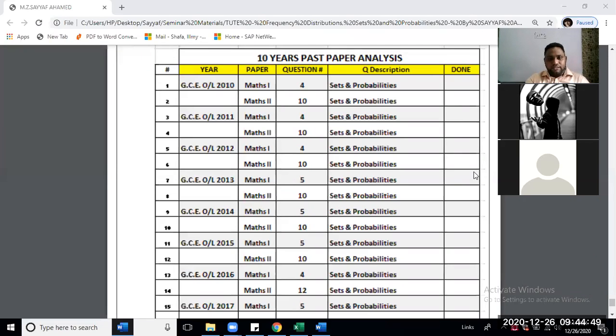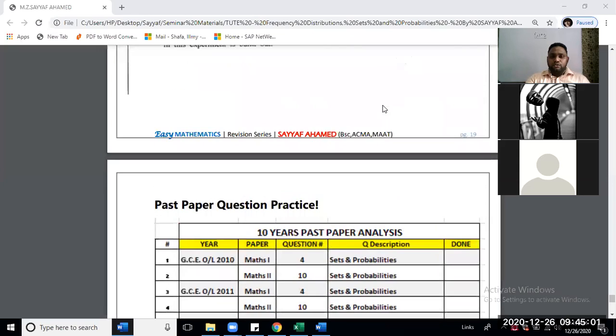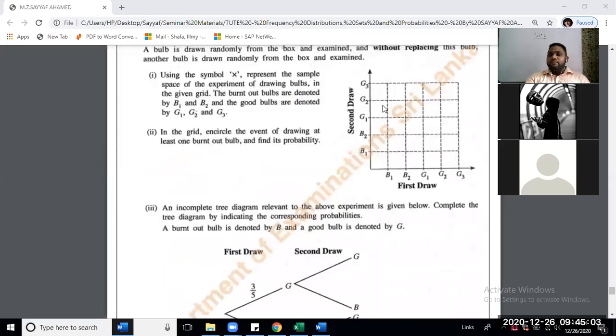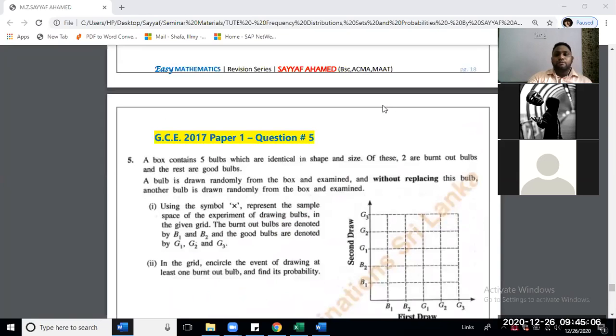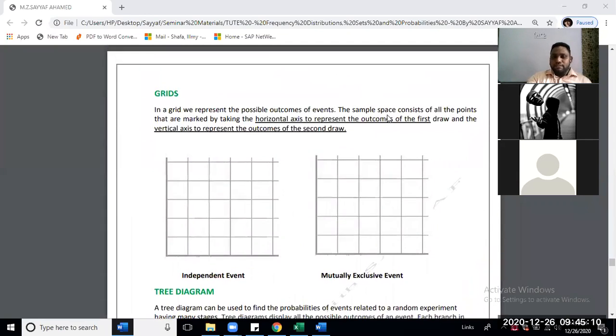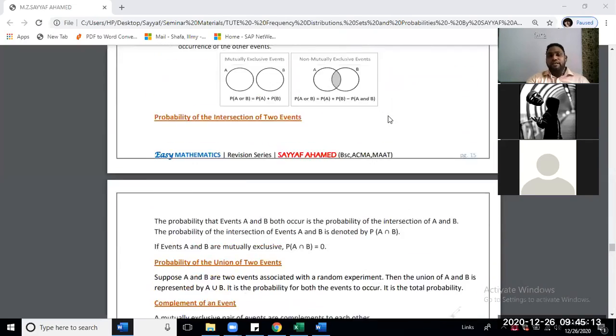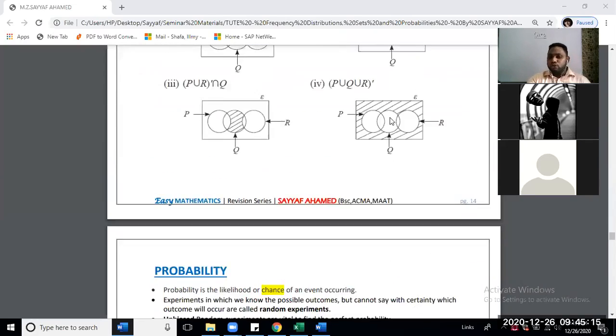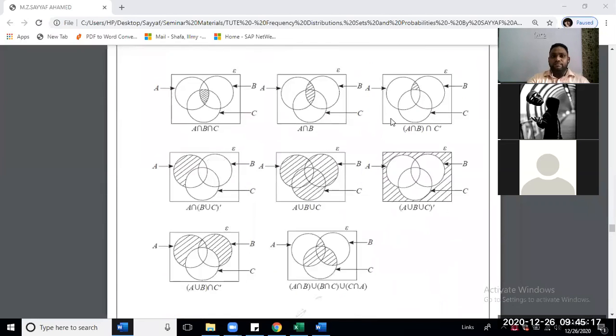Please make use of this, and have a print, or at least just have it on the screen and pick all these questions and do them. In every single question you see sets and probability are mixed up and tested, right? So no question is only in sets, right? Most of the questions have probability and sets mixed up with both parts, so that's the reason it's mentioned as sets and probability. So it's there for 10 years. If you have not done it, it's not too late, you can do it, right? And while you are doing it, if you have any doubts, you can ask me too, right?